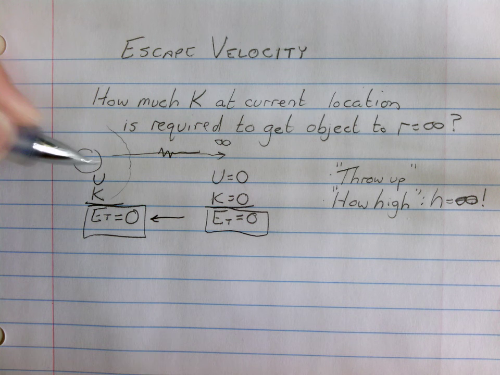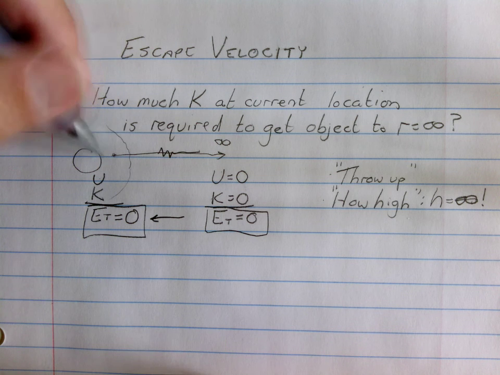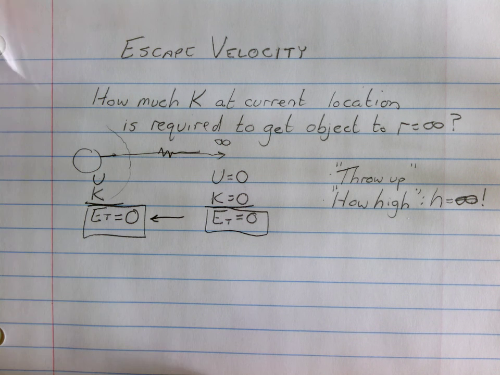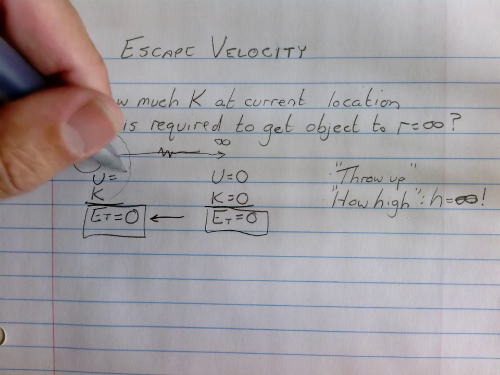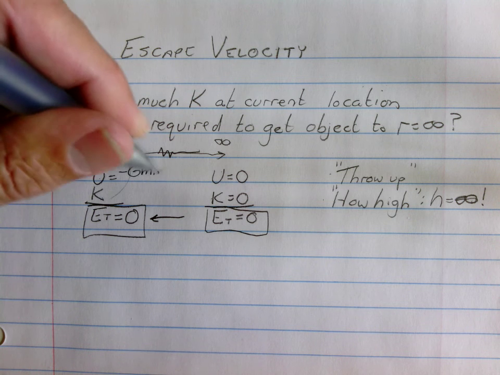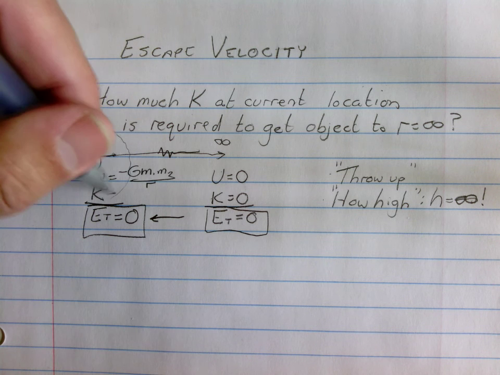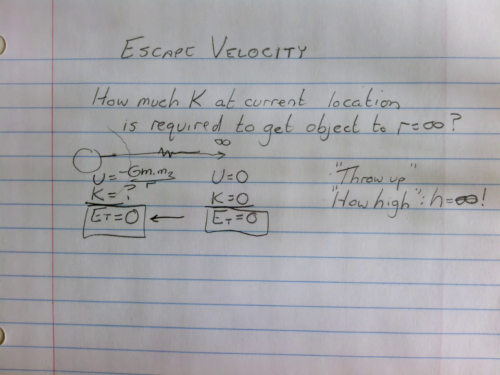But we can do this, by the way, from an orbit. If it's in an orbit or something, how much energy would we have to add? But I'm just going to do it from the Earth's surface. So this is going to be this negative G m1 m2 over r. And we're going to try to find that kinetic energy so we can figure out what the velocity is. I'm going to do that for the Earth and a ball.